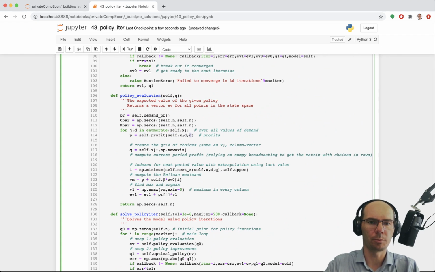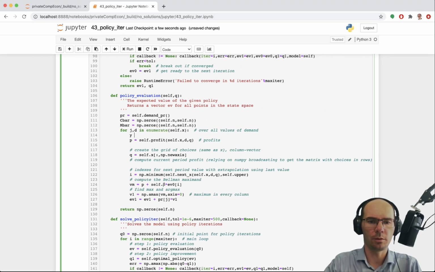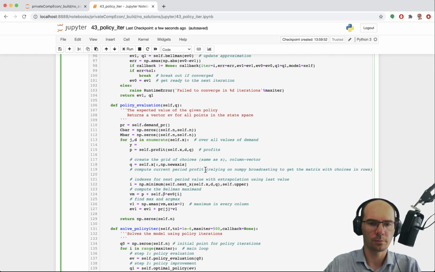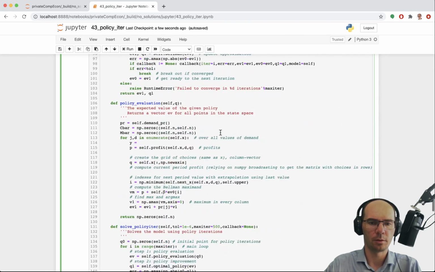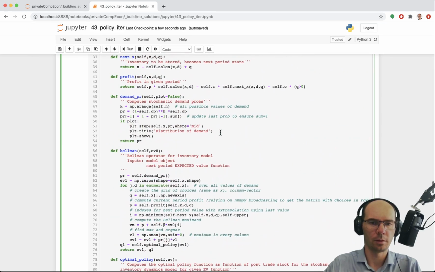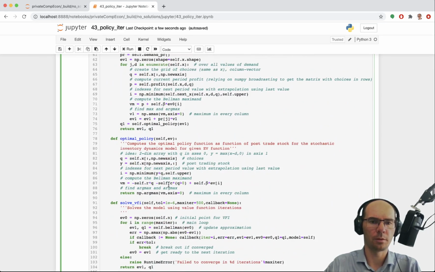And where does Q come from? Well, Q is given here, and it should be Q corresponding to the values of Y. So in here we have to compute the Y's as X minus sales X. Right.